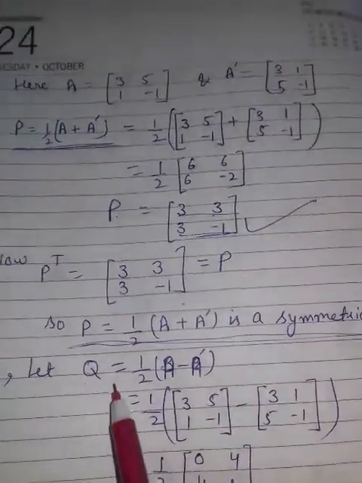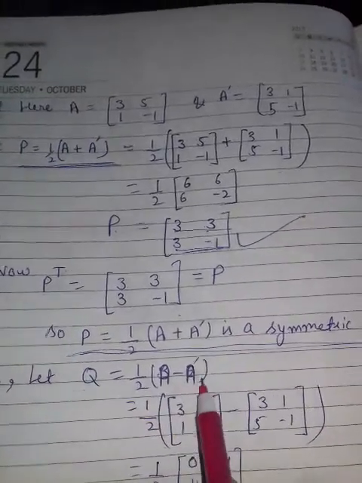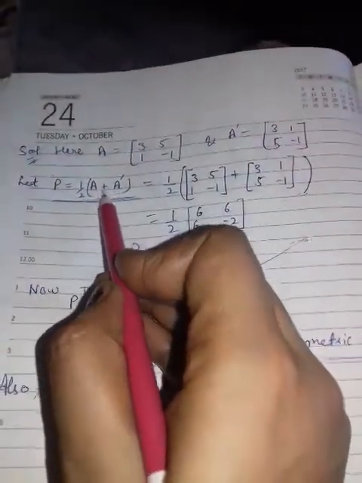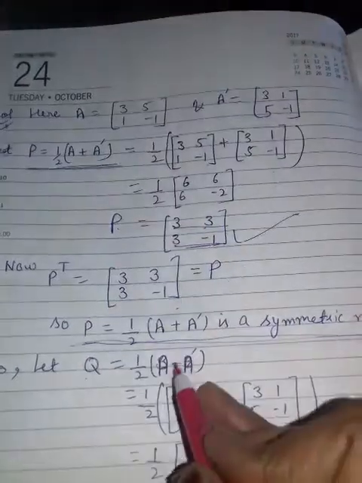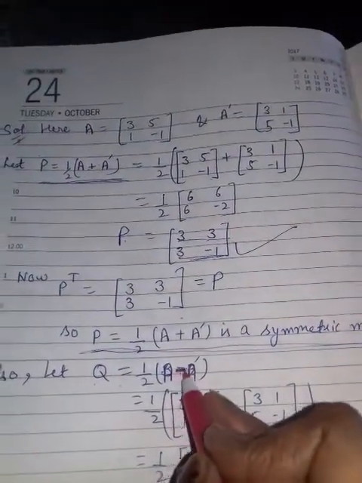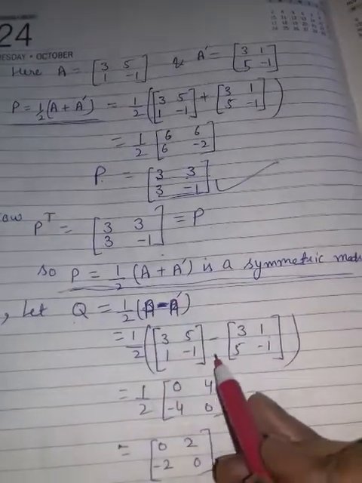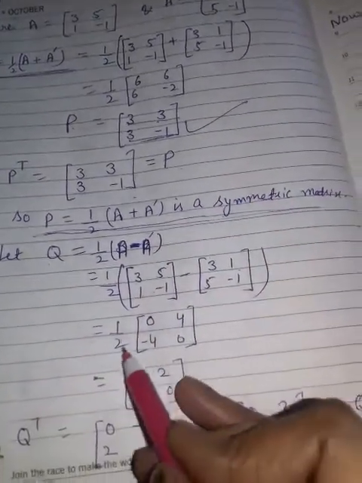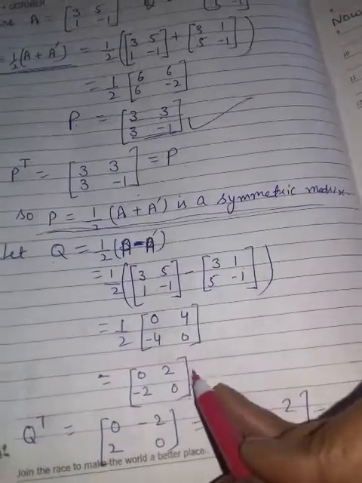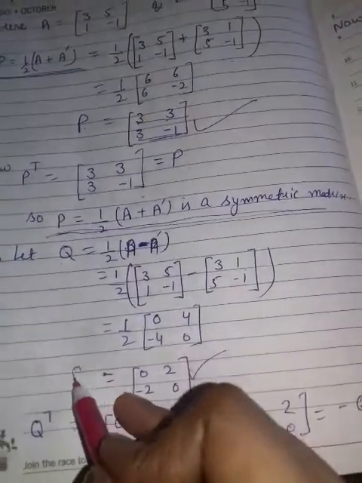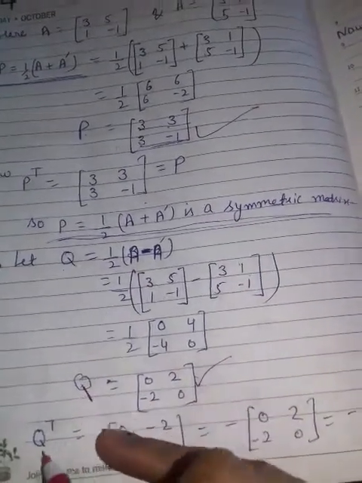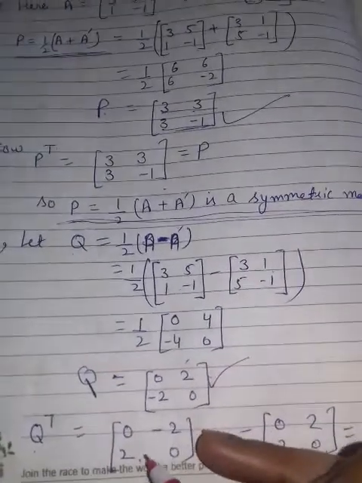Let Q is equal to half of A minus A transpose. In symmetric you will take positive sign. In skew symmetric you will take negative sign. Clear? Now I put the values A transpose. I subtracted them. Then I divide it inside. Then you are getting this. This is your Q. In Q transpose you will see this.